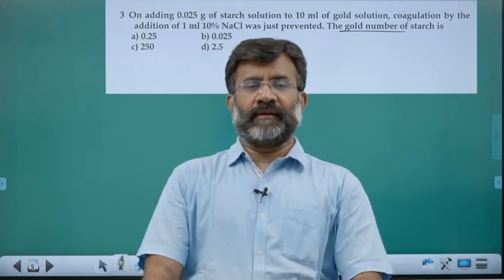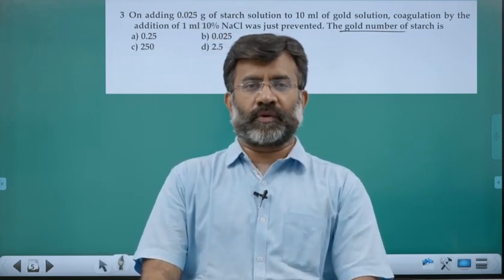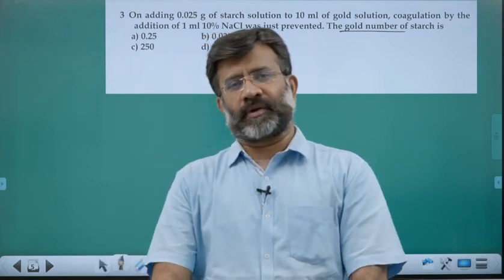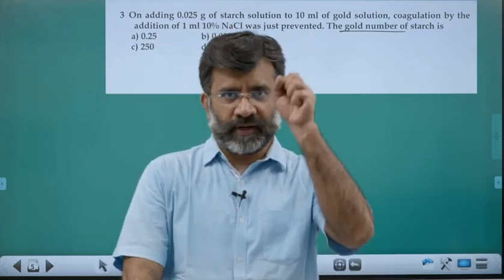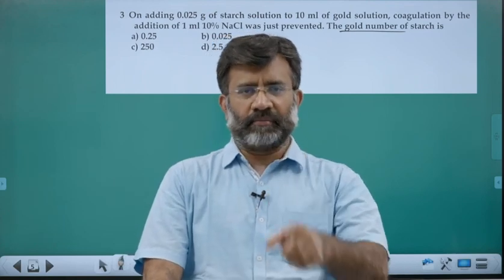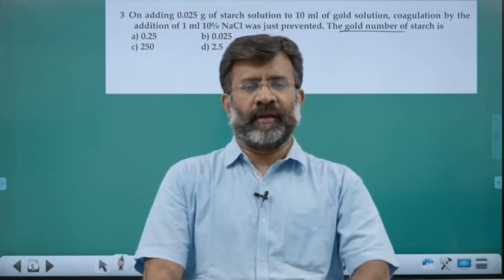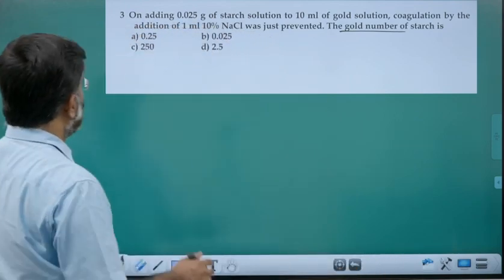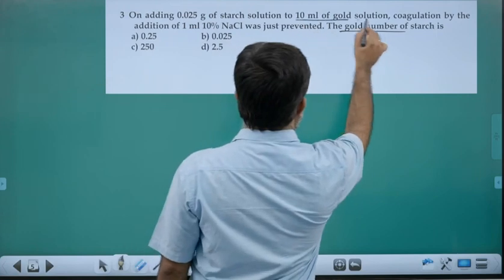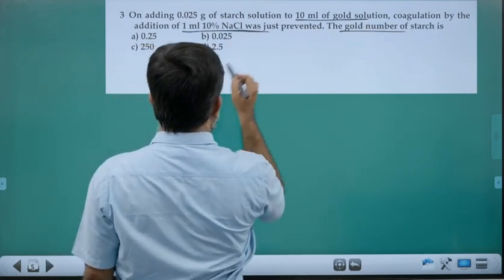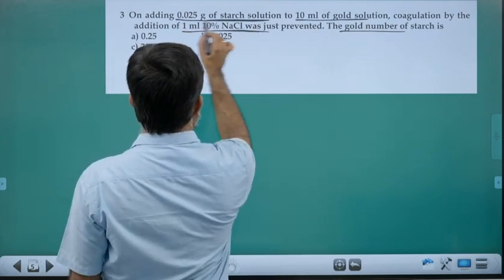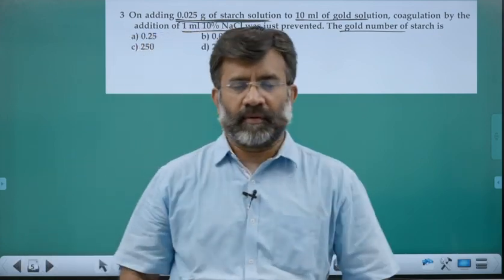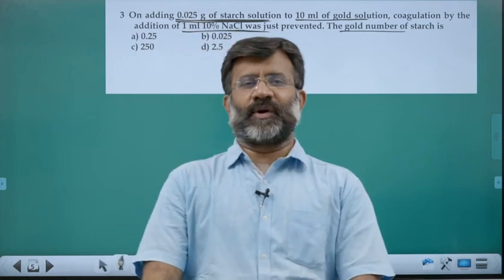It is the weight in milligram of protective colloid which can prevent the coagulation of 10 ml standard gold sol containing 1 ml 10% NaCl in it. The weight in milligram of starch, that is called the gold number.